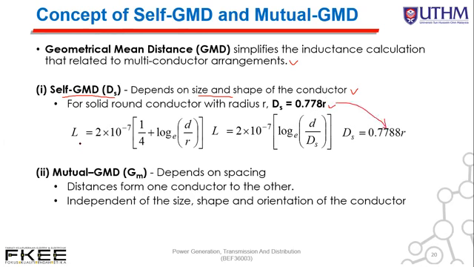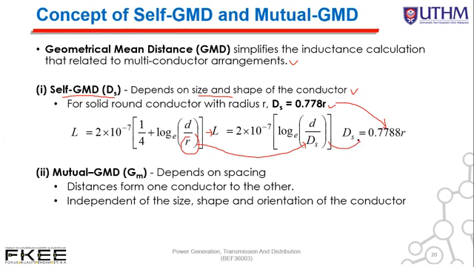So the inductance will be 2 times 10 to the power minus 7 times (1/4 plus log exponent) dr, or we can change this r to ds, that is the self geometrical mean distance, ds.